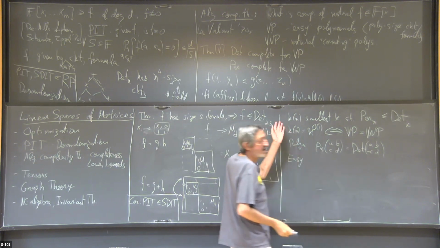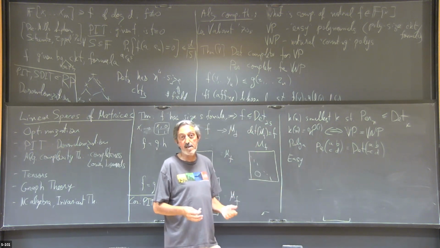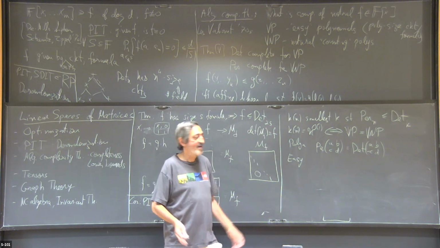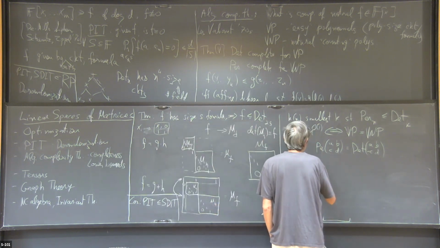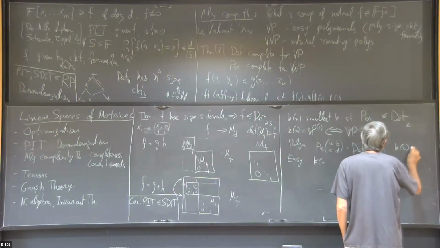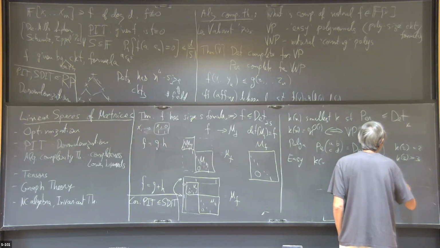From the completeness of determinant, it's not clear that K of n is finite a priori, but because of the completeness of determinant and because the permanent has formulas, not small, but exponential size, we know that this is K of 2 and K of 3, known to be bigger than 3.